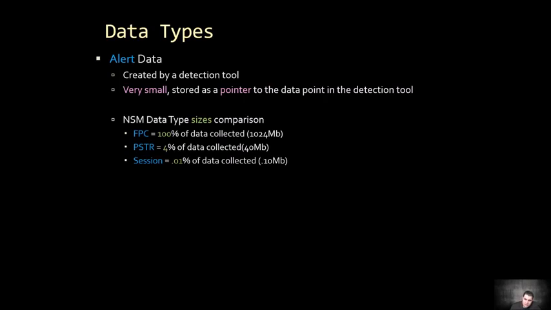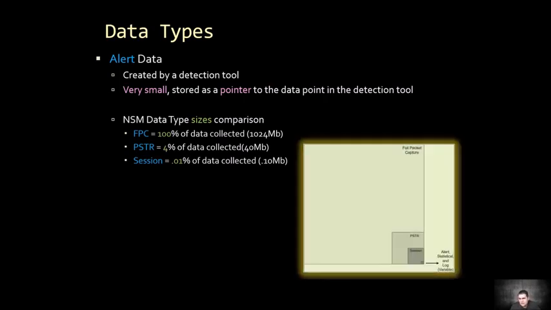And to see that visually, to get a better understanding, this is the relationship between the sizes. If we have a full packet capture, we'll be capturing all this amount of data. If we're talking about P-string, it's much less, only 4%. Session is even smaller, and the log will be just this small square rectangle right here.